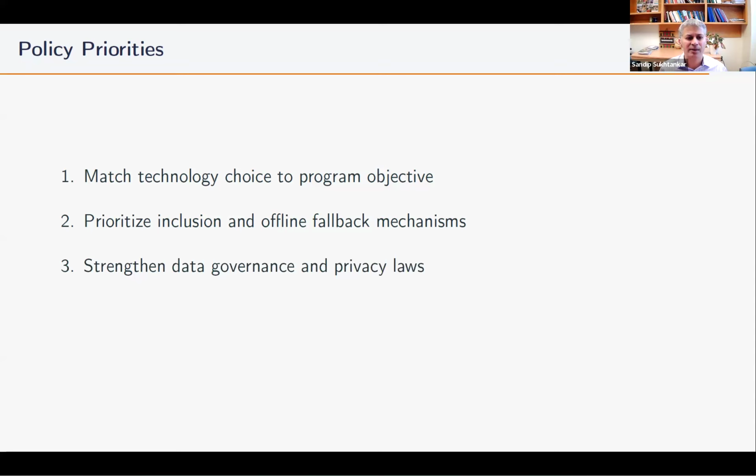I think there's a case to be made to strengthen the laws related to data governance and privacy. And at the same time, this might seem almost in tension with this, but if done in the proper way, that can really help you reach your objectives in social protection: investing in real-time monitoring and evaluation.